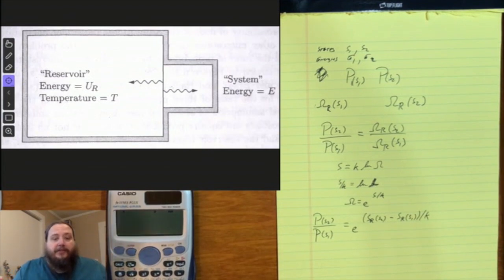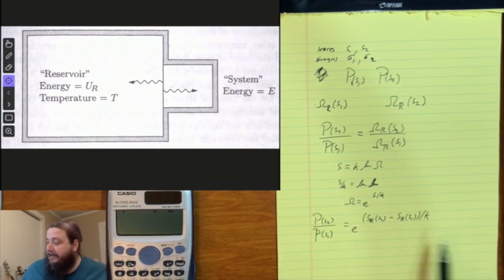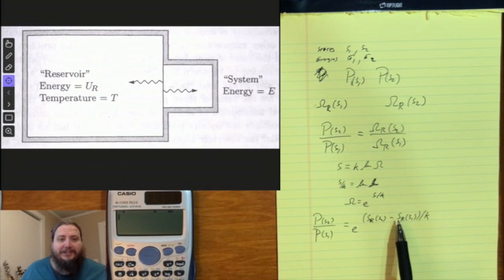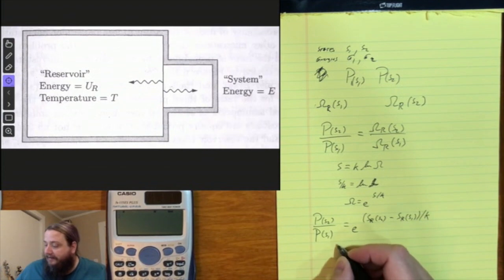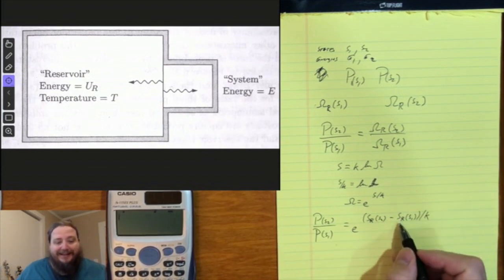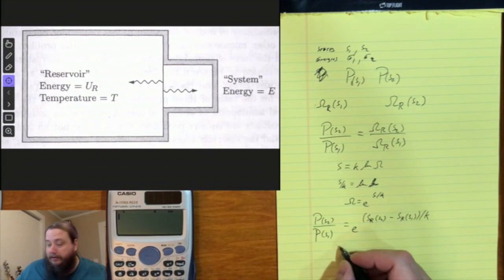Now, since the reservoir is very, very much larger than our system, any change in the entropy of our reservoir is going to be small compared to the total entropy of the reservoir as we exchange energy with the system, so that we can consider basically the delta S here as a dS, and then use the thermodynamic identity.